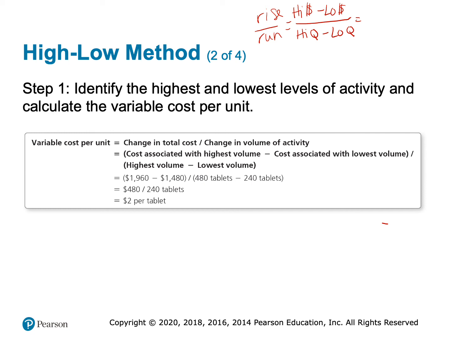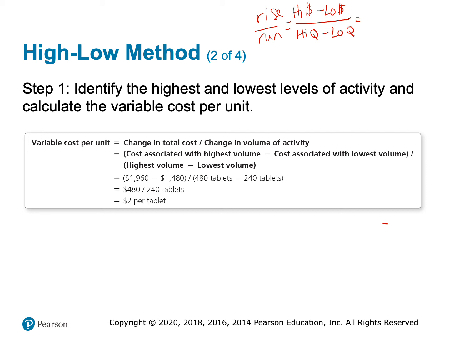So my numerator is going to be the 1960 minus the 1480 divided by the 480 minus the 240. Now remember your order of operations. You need to do the subtraction in the numerator first, then the subtraction in the denominator, and then do your division. Especially if you're plugging this all into a calculator, then you've got to make sure you're using your parentheses.